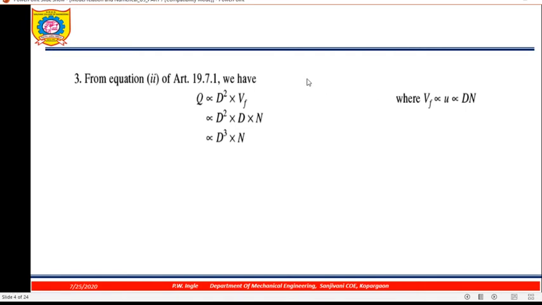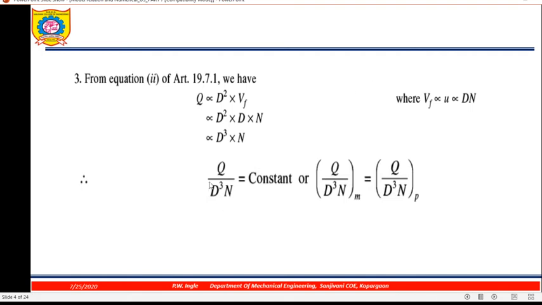Pi is constant, so Q is proportional to D square into Vf. Vf is proportional to u because u is proportional to under root H_m, so Vf is also proportional to under root H_m, and that is proportional to DN. So you are getting D square into D into N, finally D cube into N.